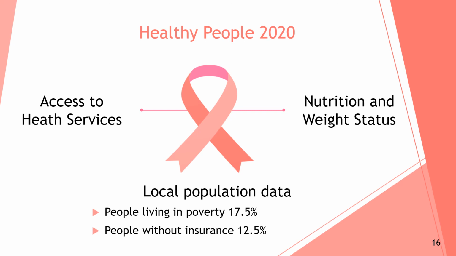And when they do get care, it burdens them with large medical bills. However, according to the Census Bureau, the local population data shows approximately 17.5% of the local population is living in poverty, and 12.5% of people do not have health insurance. These are health disparities that Healthy People 2020 are trying to overcome.